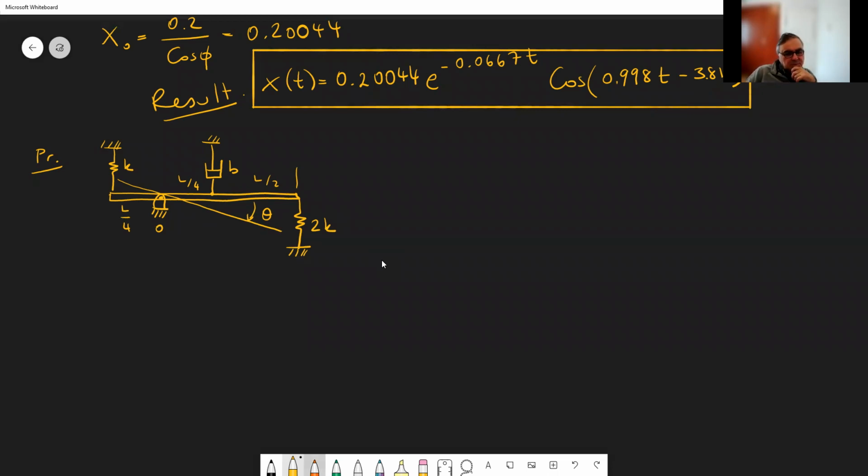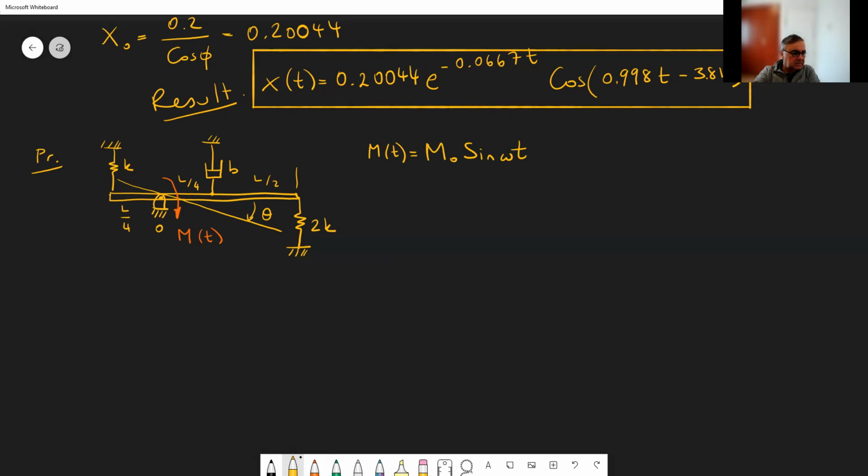On this disk, we have an external moment or torque applied, M of T. Okay, I draw it with a different color. And M of T is sinusoidal, M0 sinusoidal.